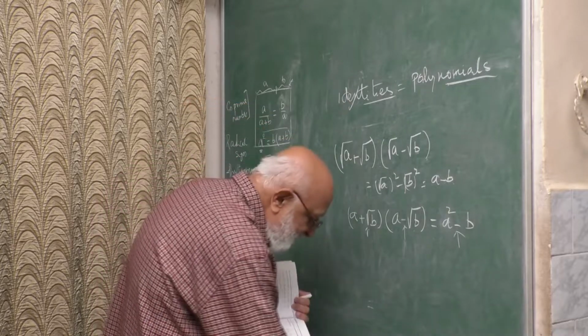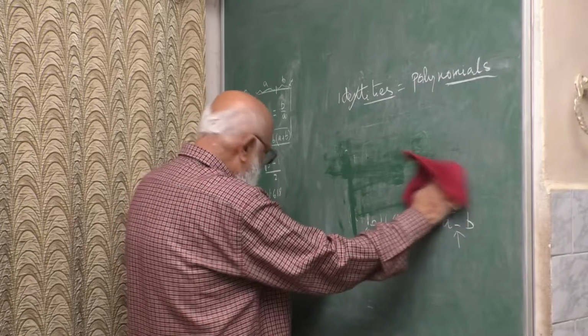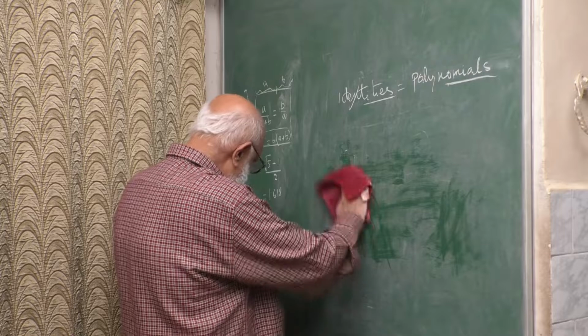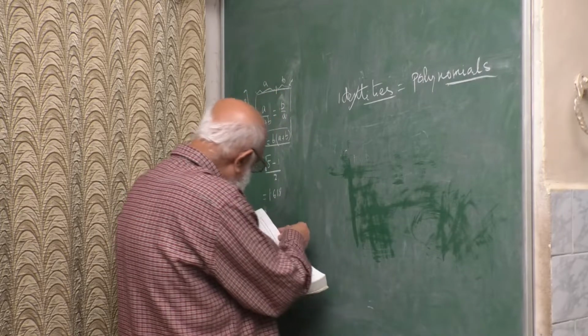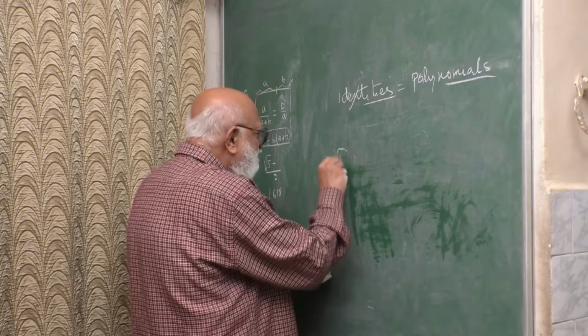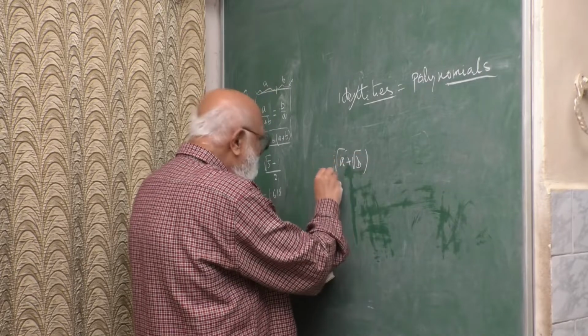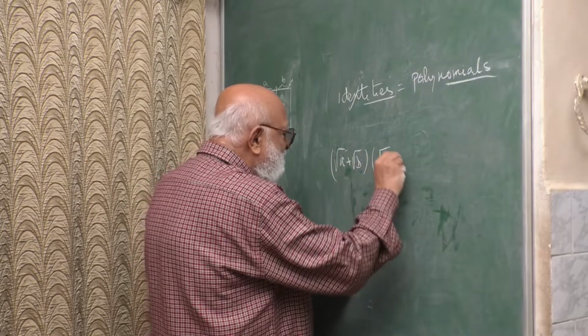Okay. Now let us continue with a few more, and then in our next video we will take up the rest. And this one is root A plus root B multiplied by root C plus root D. See, these are all multiplications.